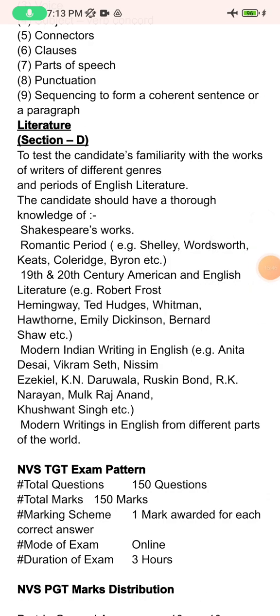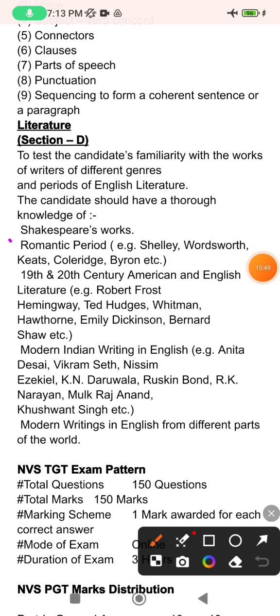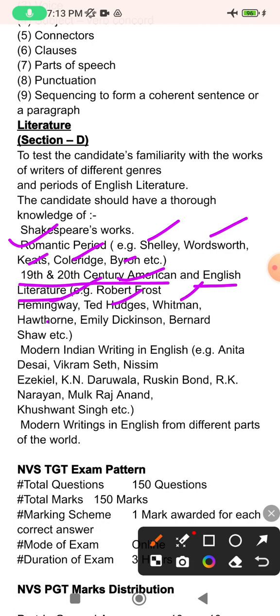Then the romantic period, like P.B. Shelley, William Wordsworth, John Keats, S.T. Coleridge, Byron. Then 19th and 20th century American and English literature: Robert Frost, Hemingway, Ted Hughes, Whitman, Hawthorne, Emily Dickinson, Bernard Shaw.